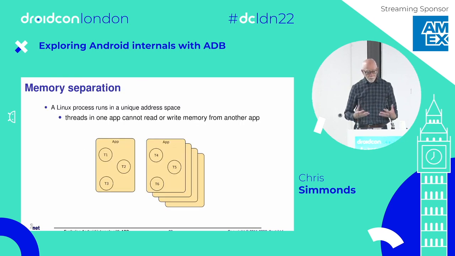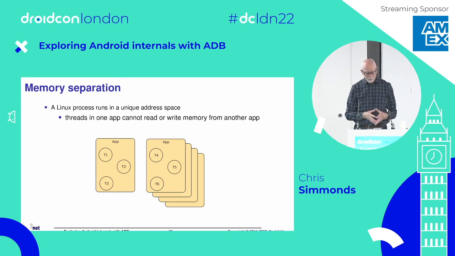The first one, memory separation, is given pretty much for free because of the way Linux works. Every Android application is a Linux process. A Linux process is an address space represented by the box, and it contains a number of threads. You always start off with one thread, but you can also create additional threads to your heart's content.